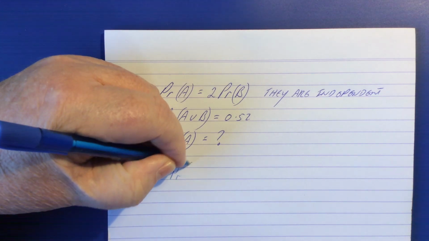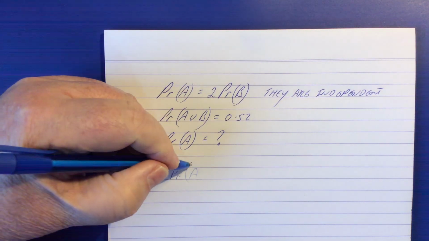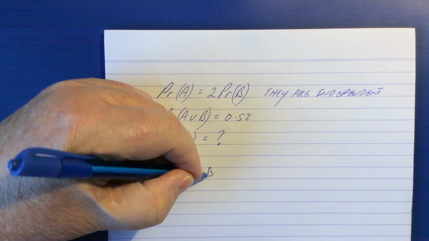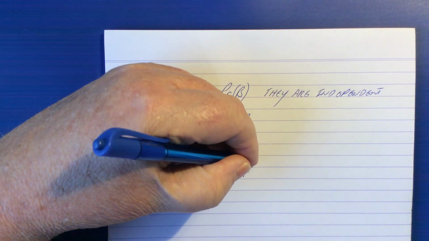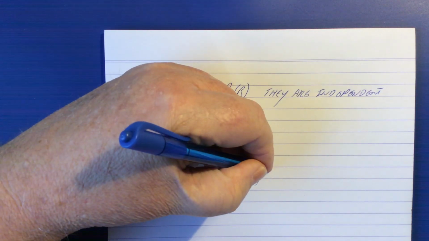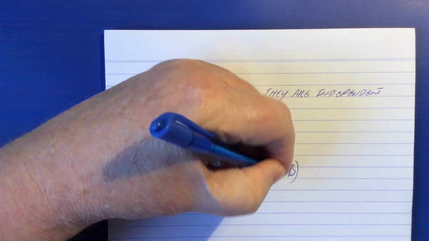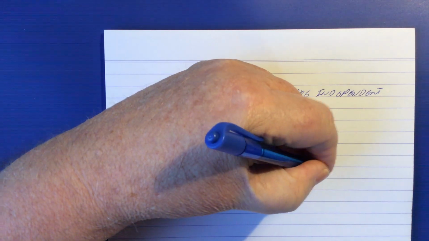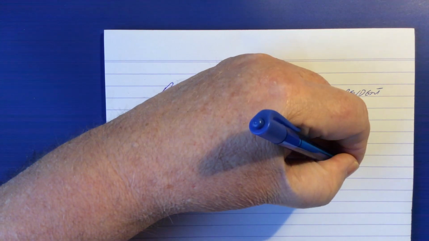The probability of A union B is equal to the probability of A plus the probability of B minus the probability of A times the probability of B.